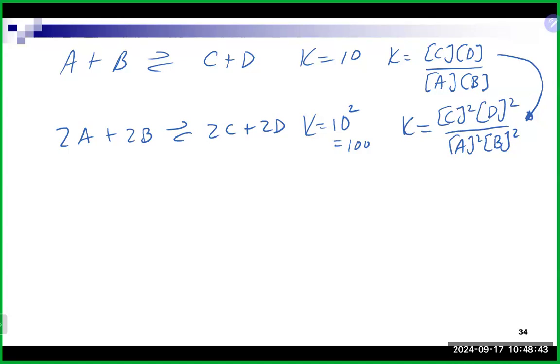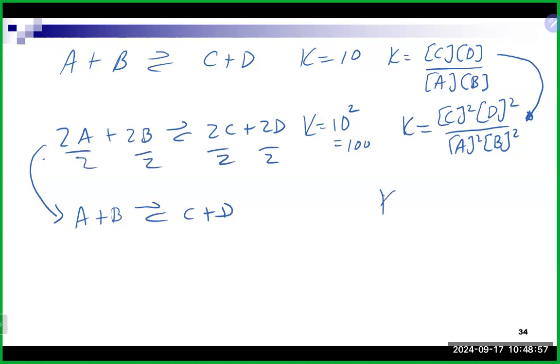Now, let's just say that I actually were going backwards and I needed to divide everything by 2, and I want to get back to my original equation. That means I came through here and divided everybody by 2. That got me back to my original expression.